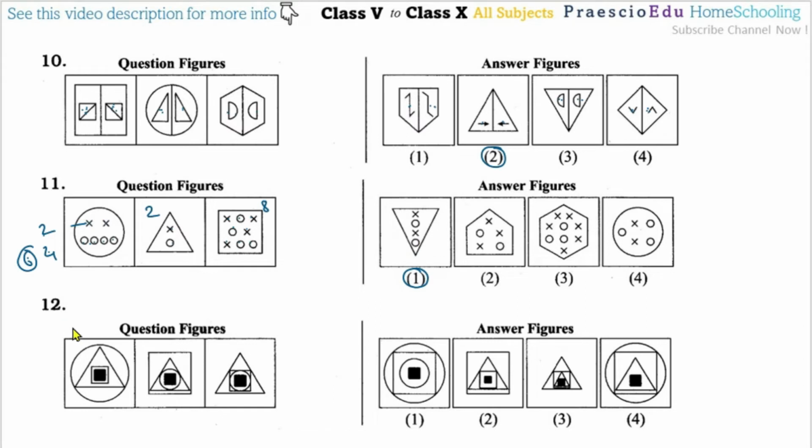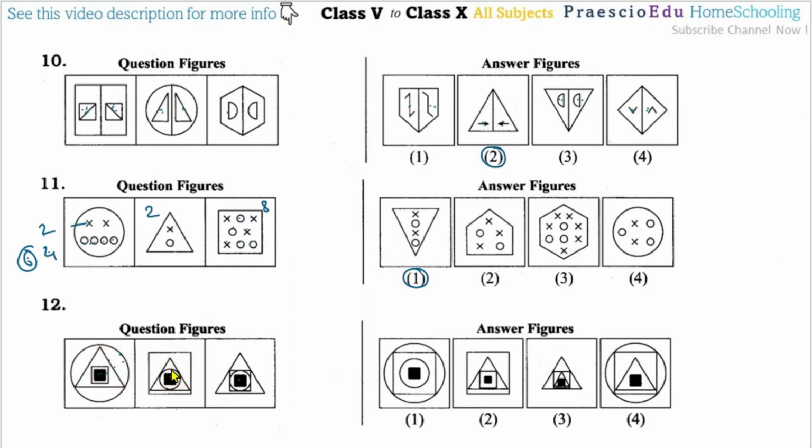Now question number 12. If you observe, there is a square, then a circle, and then a triangle, and inside there is also a small cubical shape, a solid one. So inside there is always a solid cube, or we can say a shaded cube, and that will continue. After this there is one square, one triangle, and one circle.